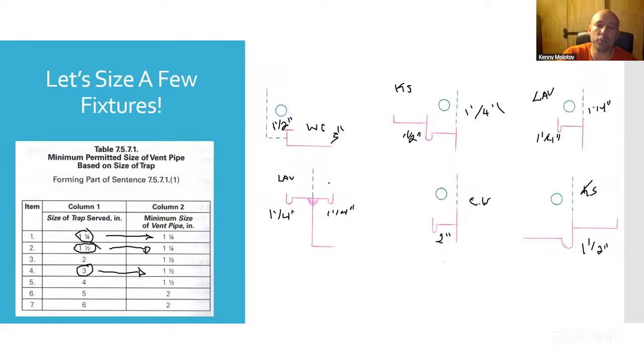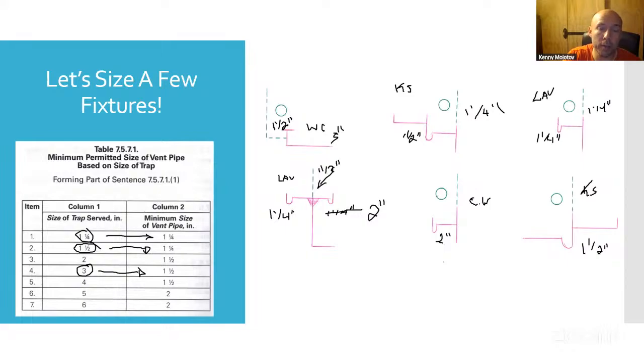And the way dual vents work, this is called a dual vent. You basically have to serve the largest trap that there is. The dual vent is sized according to the largest trap. So in other words, let's say these weren't two lavs. Let's say you had a 2-inch urinal here instead. You're going to serve the 2-inch urinal, which is going to make this vent 1.5 inches.